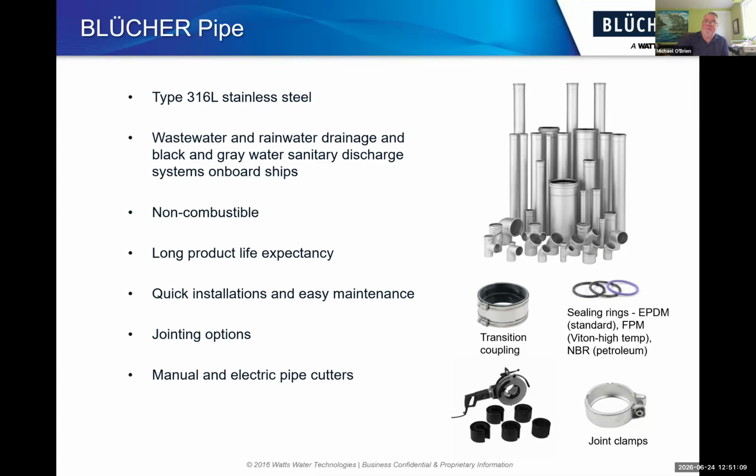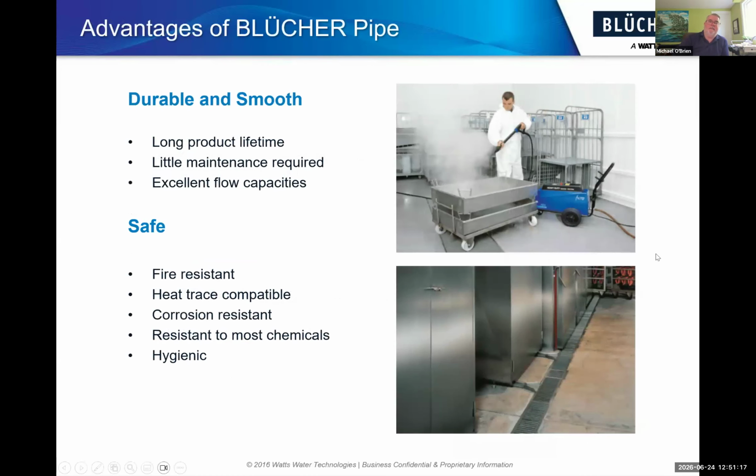You've got several jointing options. We have manual and electric cutters available to make cutting down to size easy. So the advantage is it's durable and smooth. It's got a long product life, as I mentioned, very little maintenance required, excellent flow capabilities, fire resistant, heat trace compatible if you have a facility that has fats, something like a French fry processing facility, and you want to keep that stuff warm until it gets into the grease separator.